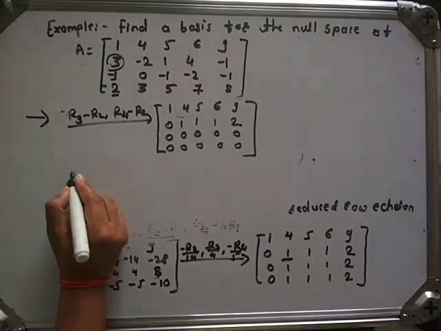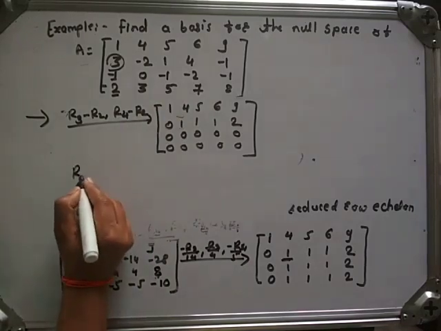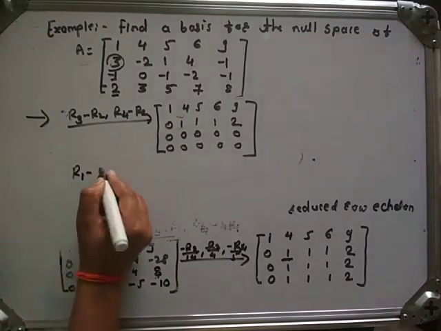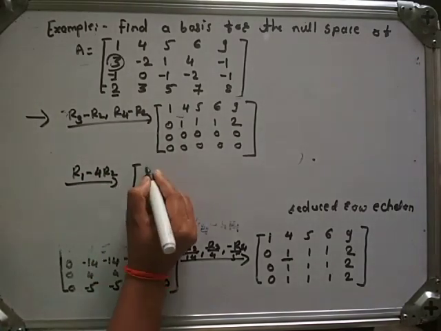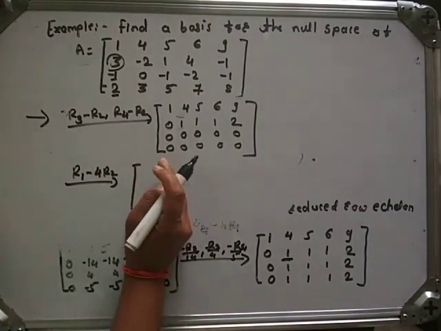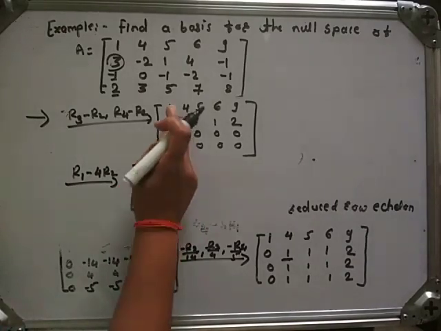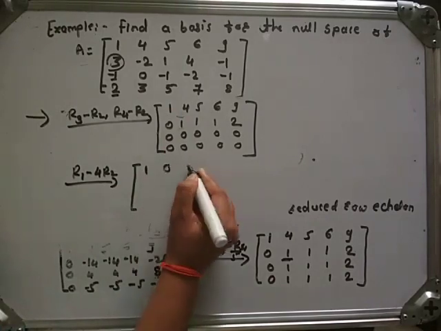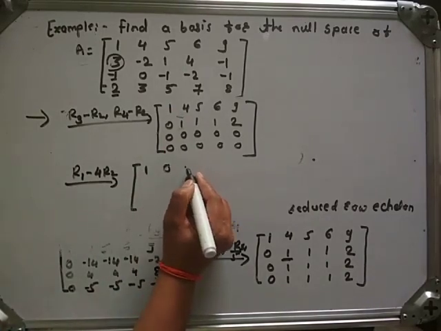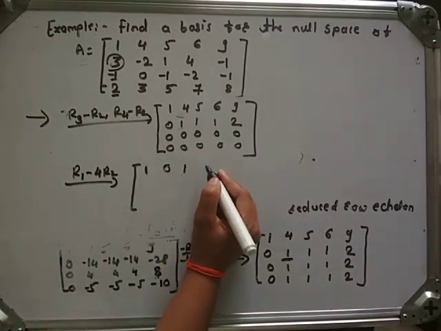For that we will perform the row operation R1 minus 4R2. So our matrix will become: R1 minus 4R2 means 1 minus 0 is 1. 4 minus 4 is 0. 5 minus 4 is 1.